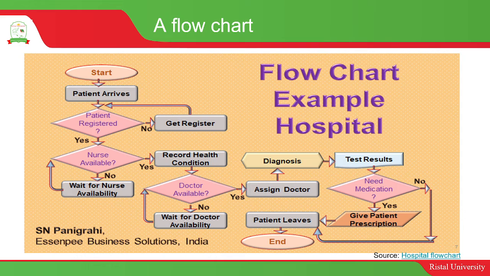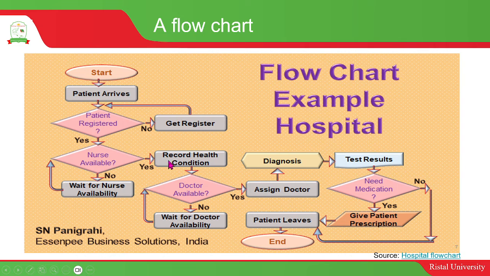This is an example of the flowchart we are talking about, and the example we are taking is our hospital as a basis, as a unit of analysis. So we look at the start. The person arrives. The person is registered. A nurse attends the person.